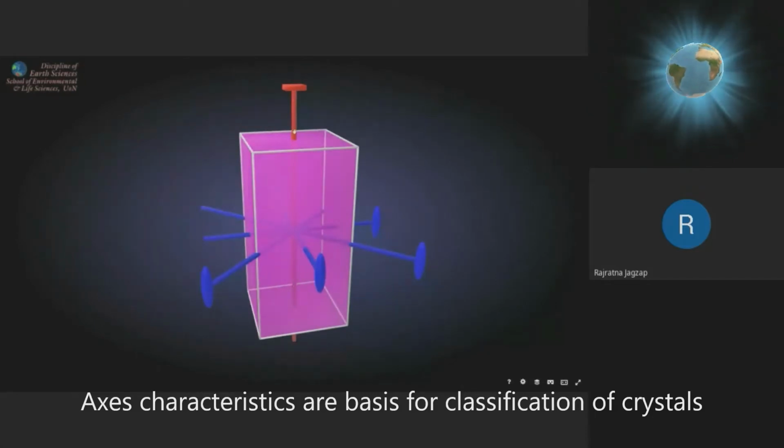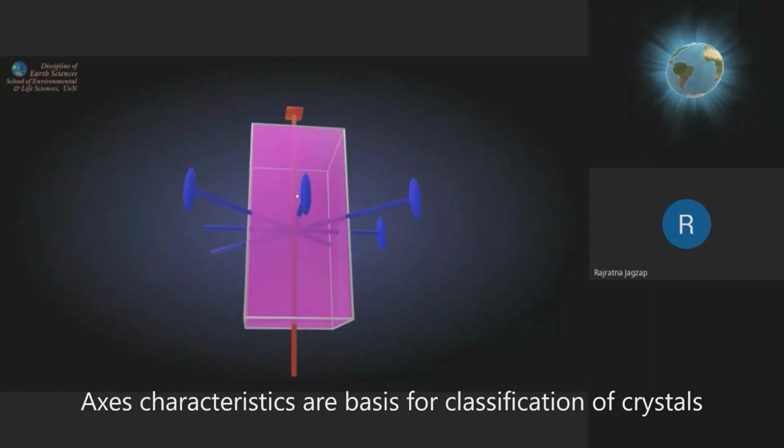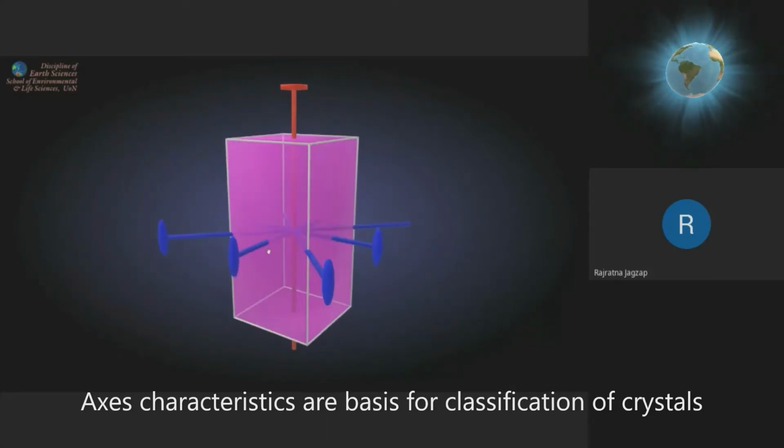For this vertical C axis, the top end is positive and the bottom end is negative. Its length is longest as compared to the lengths of A1 and A2. It should be either longest or shortest.